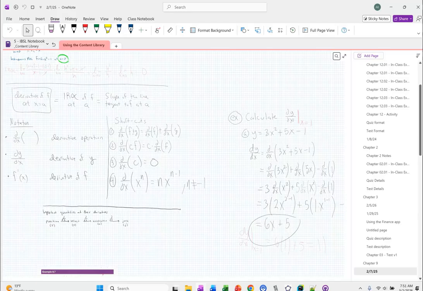Shall we do a few more examples of that process of taking the derivative? We did a bunch of examples last time. This is a core skill that you're going to be expected to be able to do. You should be able to do this quickly, almost in your head.